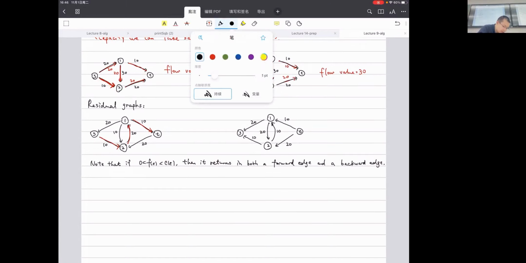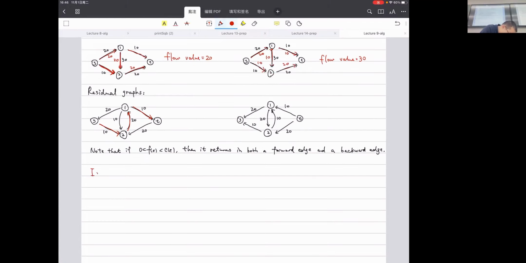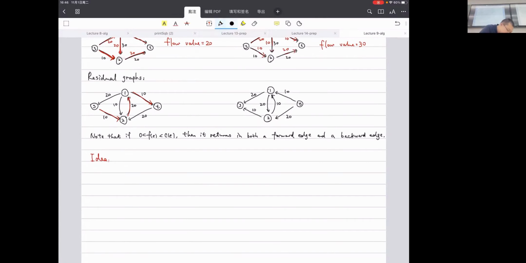Based on our discussion just now, where we looked at the residual graph for this specific example, the idea here is that in general, the residual graph suggests how we can make changes to the flow.